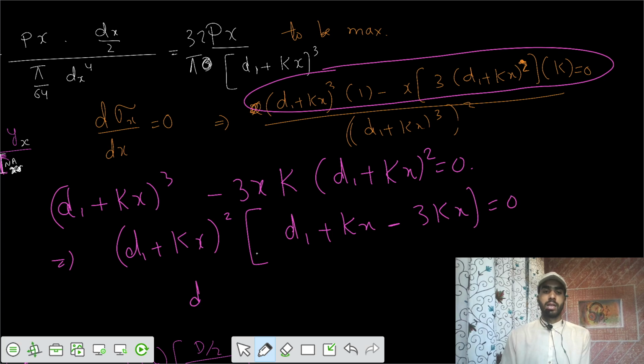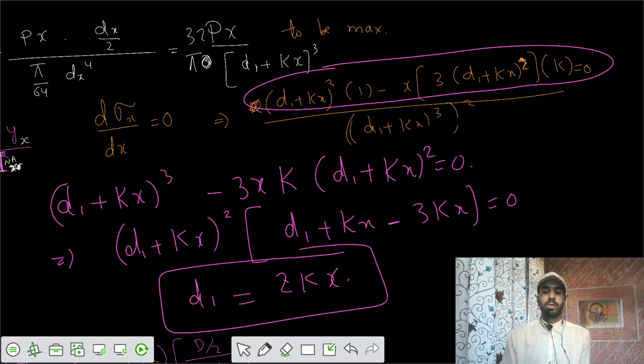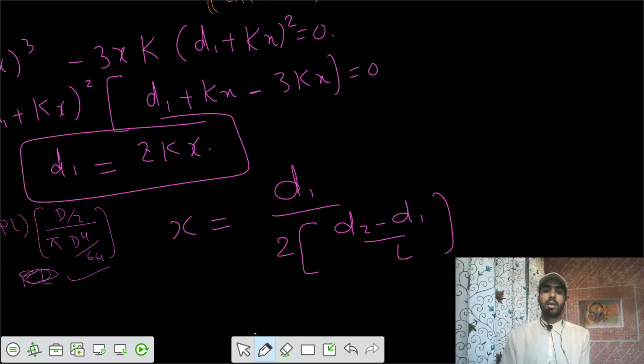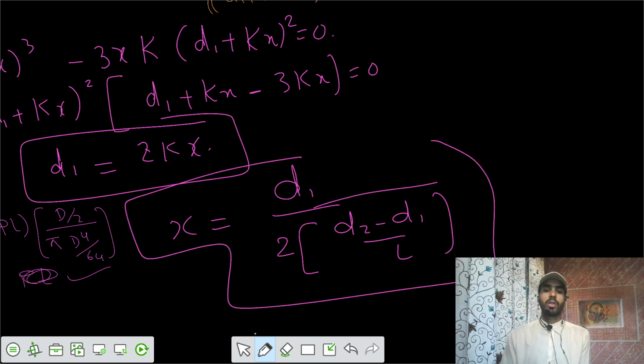That means d1 equals 2kx. So if you want the value of x, you get d1 by 2k. The value of k was d2 minus d1 by L. So you got the location of x where the maximum bending stress would be.